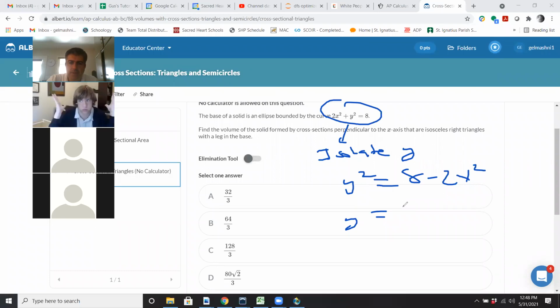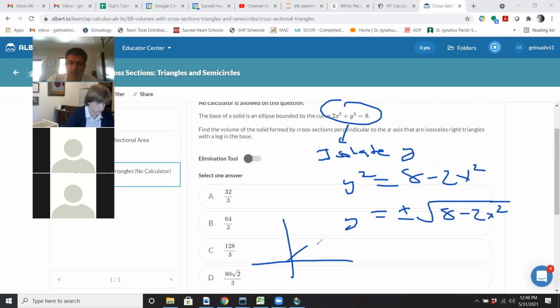And it's bounded by that curve, so it's interesting. It's going to be plus or minus root of 8 minus 2x squared. So you have to consider this and this part. And it looks like there is a restricted domain. It's kind of like knowing your conic sections or ellipses.